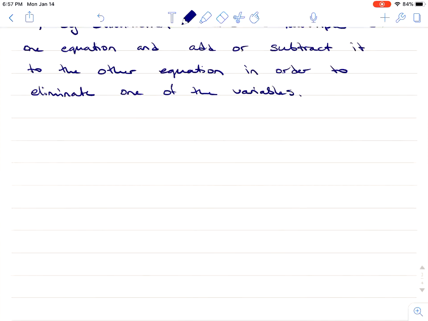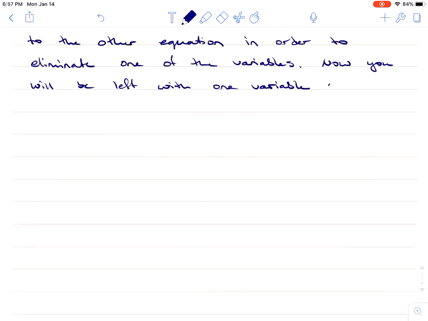Now you'll be left with one variable that you can solve for, right? And then you can use that to solve for the other variable. So now you will be left with one variable which you can solve for.